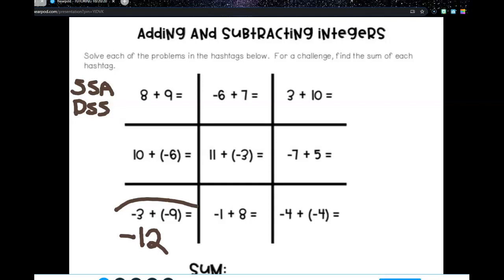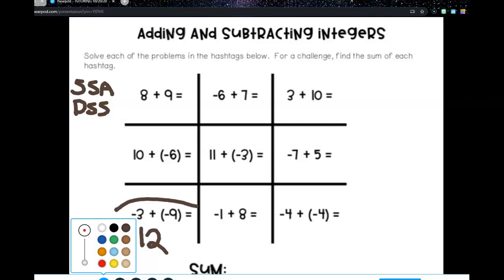And you see how they have that -9 surrounded with parentheses? That means absolutely nothing. It's just like a little protective bubble to keep that negative away from the addition symbol. See, that's the thing that was throwing me off, because last year you do the parentheses first. Yeah, order of operations, you start with parentheses, but it depends how they're used.